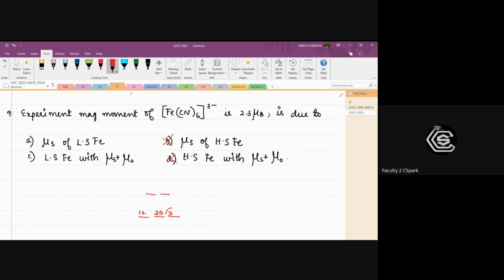So you have just one unpaired electron. With one unpaired electron, the spin only magnetic moment should be 1.73. But this value is higher, which means it is not spin only; there is orbital contribution also. Hence it is option C.